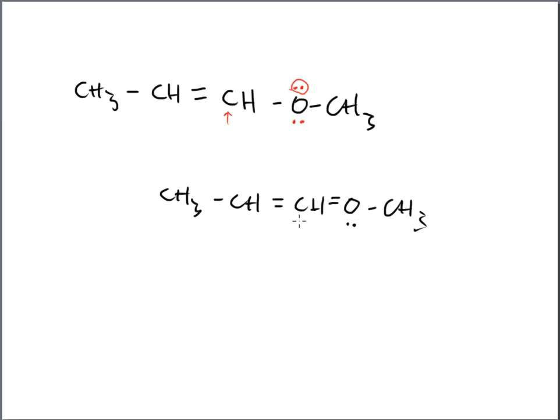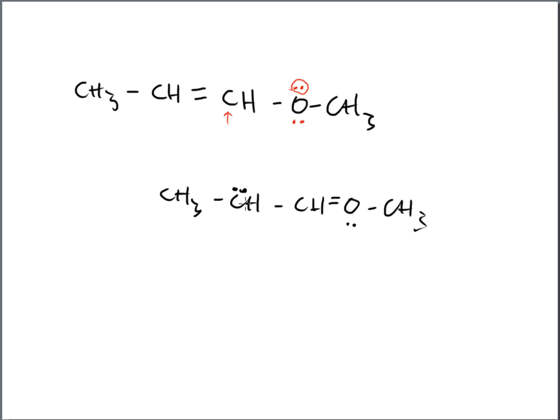When that happens, folks, this carbon now has 5 bonds: 2 to the O, 2 to the carbon to the left, and 1 to the hydrogen. Can't have 5. So I'm going to have to get rid of one of these, and push those electrons over on that carbon next door because he's willing to take them. So I'm going to push them over.